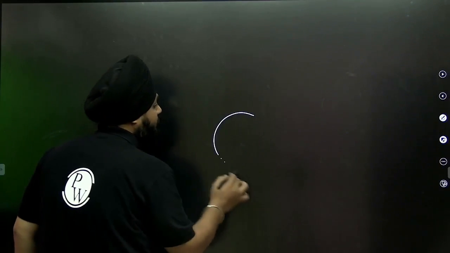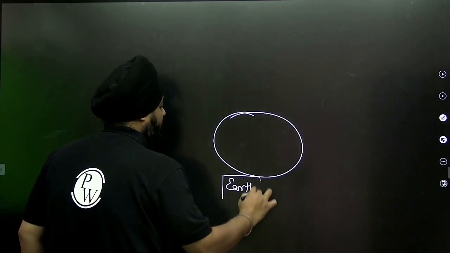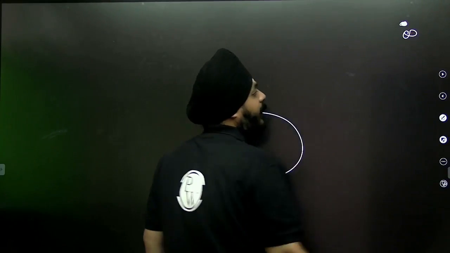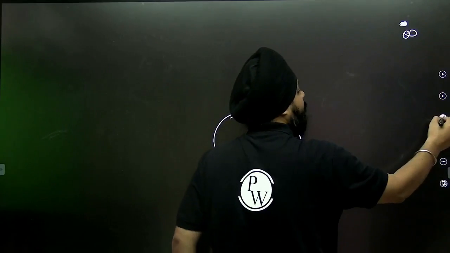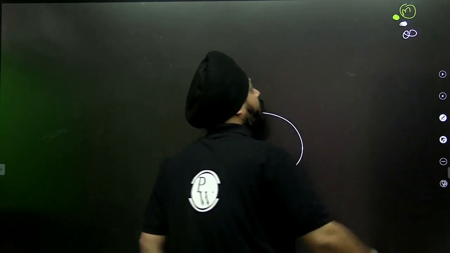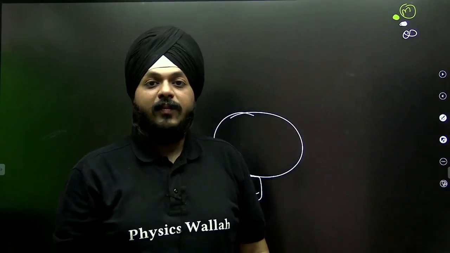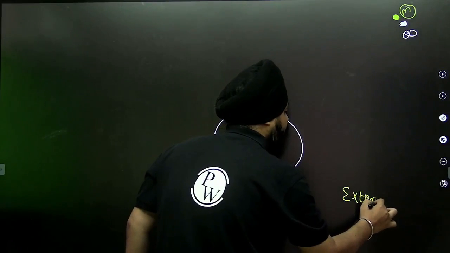How is the gravitational field going to help in defining this? Suppose there is the Earth, and at an infinite point, one test object of mass m is kept. There is one external agent, an external space agency.